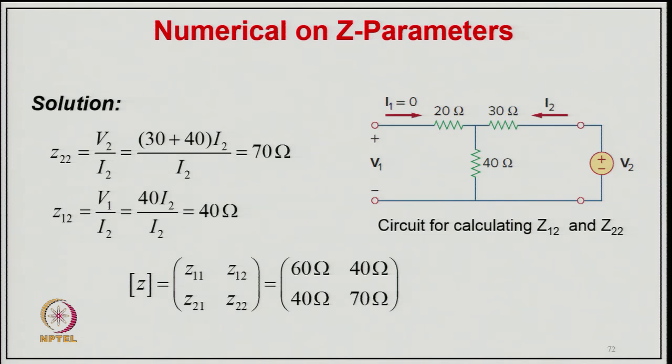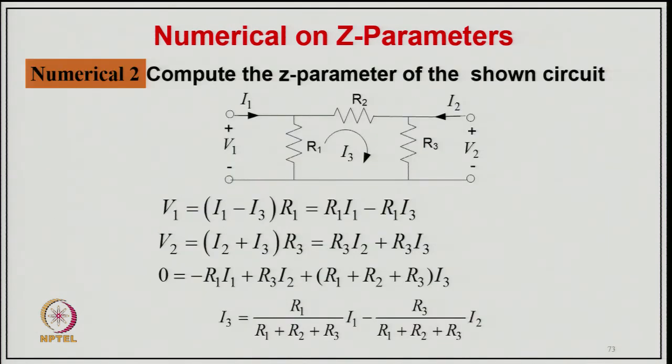So, it will be 40 into I2 divided by I2, and that will be 40 ohm. So, we can say the Z parameters we got are Z11, Z12, Z21, Z22, putting the values here, it comes 60, 40, 40 and 70. So, we can say that this network is a reciprocal network, because Z12 equals Z21.